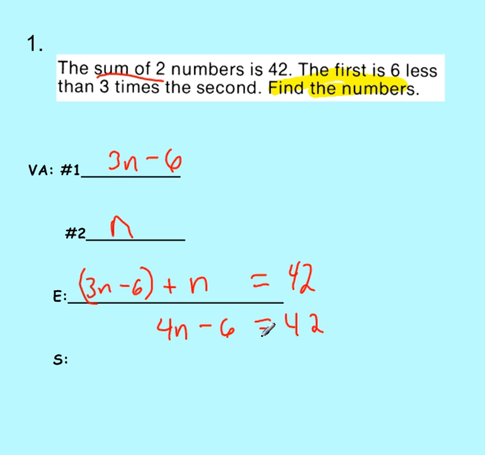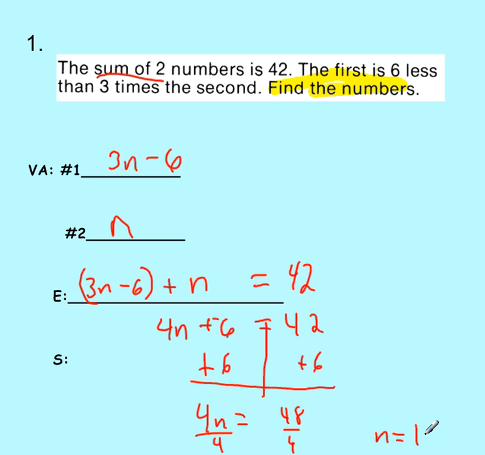Now I'm going to solve this 2-step equation by adding the opposite first. I have to add 6 to both sides. So I end up with 4n is equal to 48. You divide by 4, 48 divided by 4, so n is 12. That's one unknown. I have 2 unknowns, so I can come up here and say n is 12.